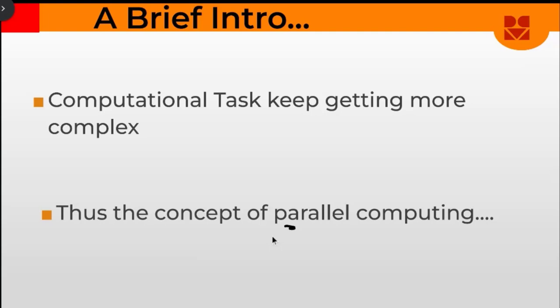So instead of opening one Google Chrome browser, and after we finish browsing, probably with multiple tabs, closing the browser and then opening a different thing, we want to be able to open the Chrome browser and multiple tabs at the same time. So that's basically the concept of parallel computing.